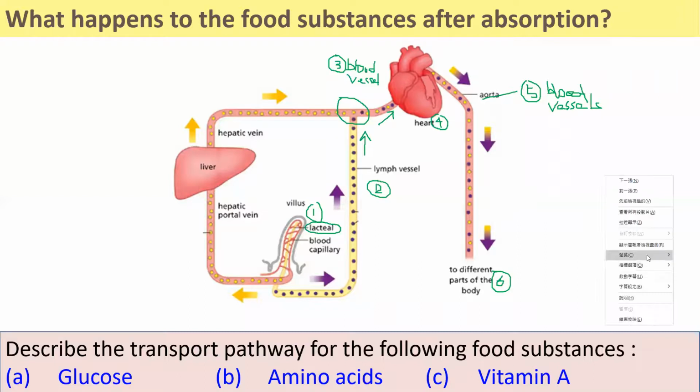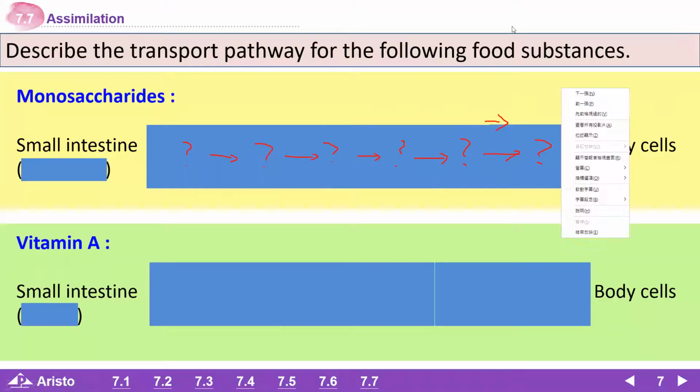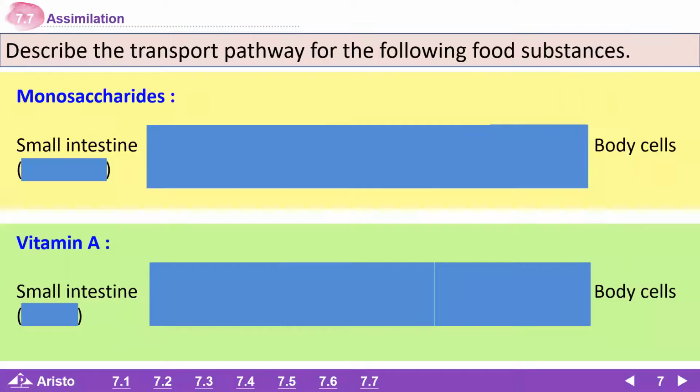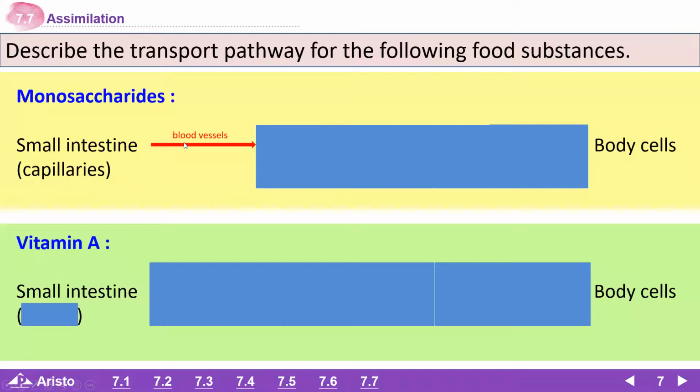So to summarize, for water-soluble food substances like monosaccharides, they are absorbed into the capillaries. Then they are transported by blood vessels to the liver. In the liver, those monosaccharides would be processed, discussed later on, okay?